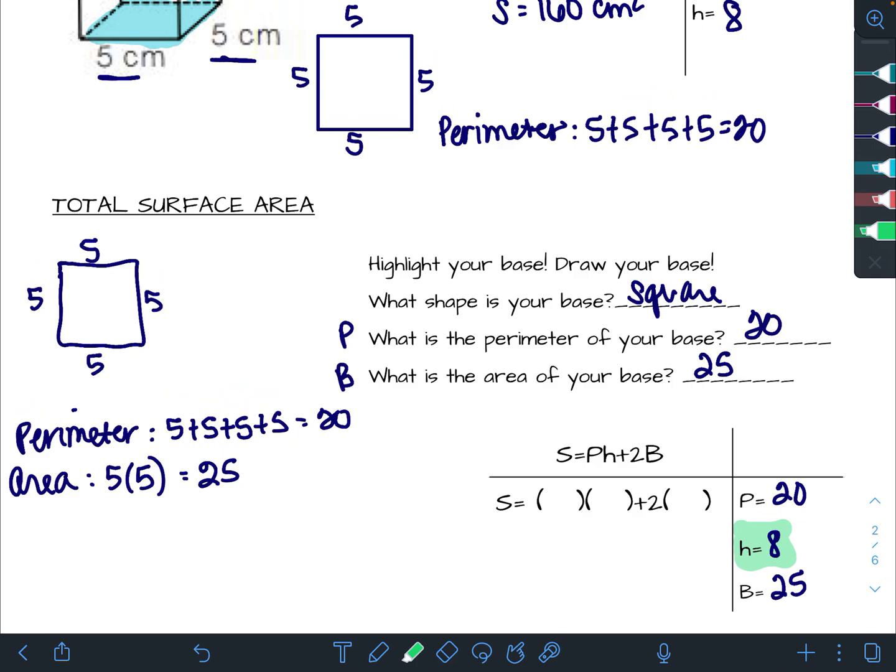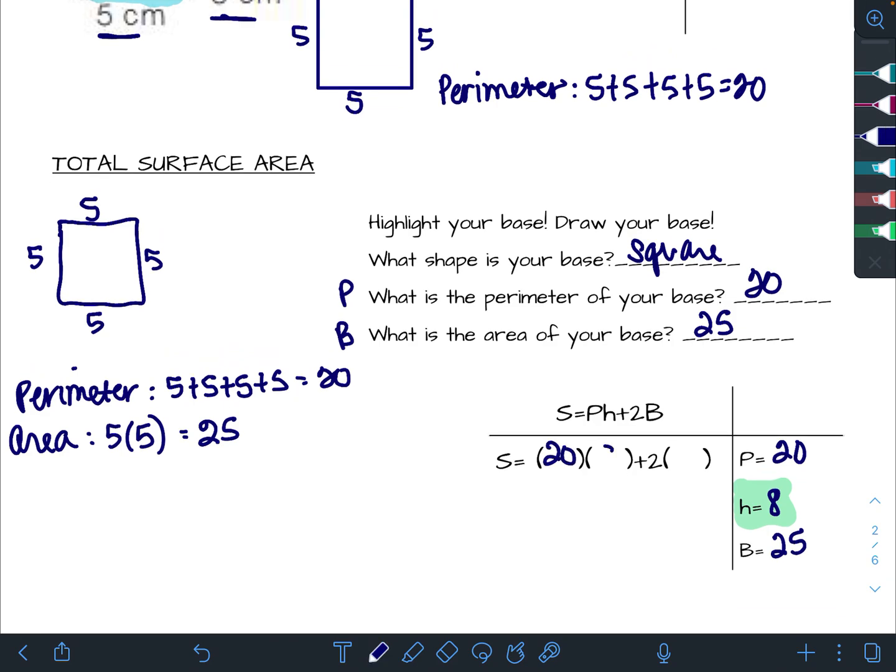Okay, so don't get that confused. It is the height of your prism. That's what that H stands for. So now I'm going to substitute the numbers in. So I have 20 times 8 plus 2 times 25. You can just type that right into your calculator and you should get 210 centimeters squared.